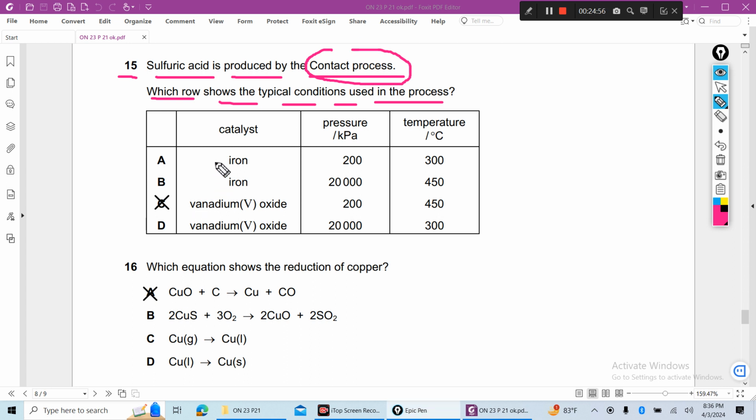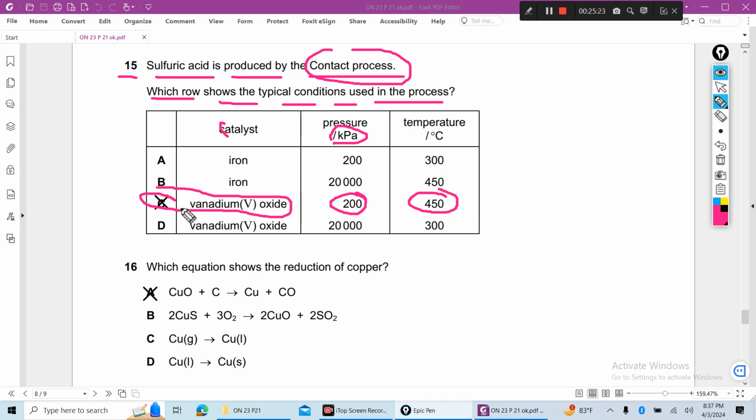In this process, the catalyst used is vanadium(V) oxide, V2O5, pressure 2 atm or 200 kilopascal, and 450 degrees centigrade temperature. C is the correct answer.